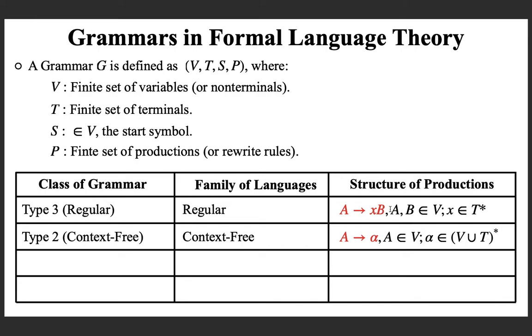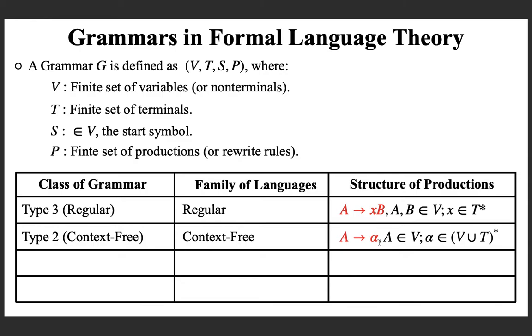Note that in a regular grammar, the RHS must be a terminal string followed by a variable. These are the two classes of grammars that we have learned till now.